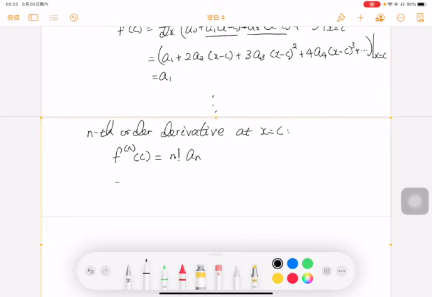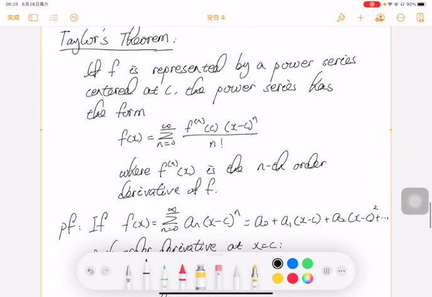So that tells you an equals the nth order derivative at c divided by n factorial. And that concludes our proof, because that is exactly the expression we have in the theorem.